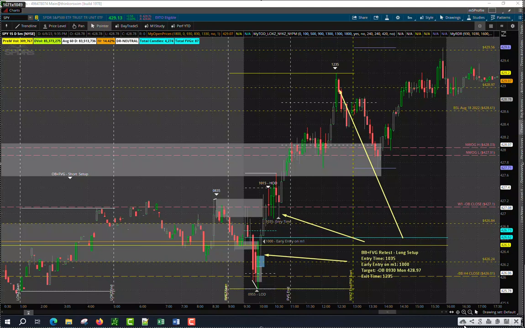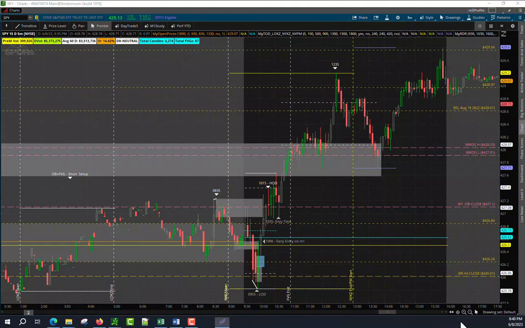All right, I take a screenshot of this. That's our graph of the day-end analysis on SPY for June 8, 2023, Thursday.